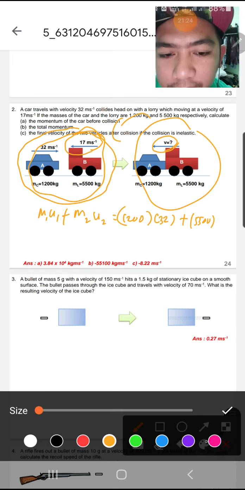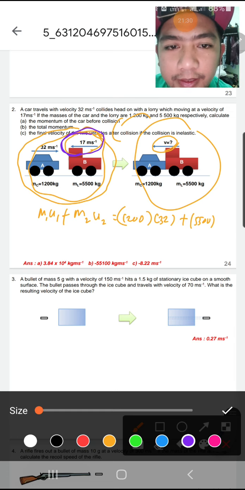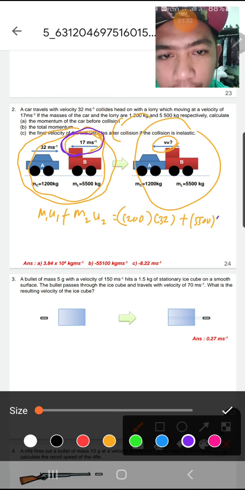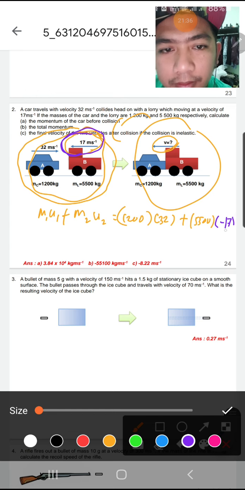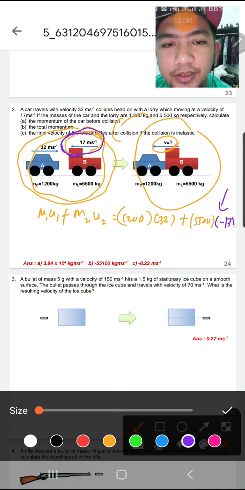Look at the direction of the lorry: to the left, right? That means you need to put a negative here. Remember, this is a vector quantity, so you need to consider the direction.